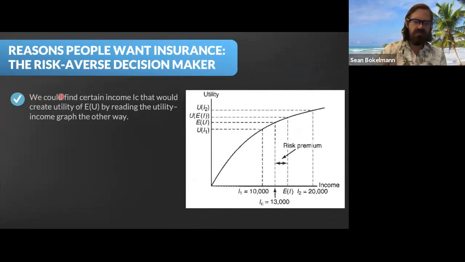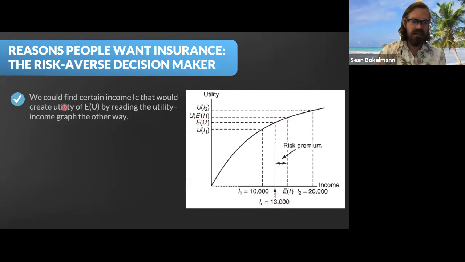So what I did just a second ago is we found the level of income that would create this level of expected utility. And it would have to be certain income, not risky income, right? Because this expected income, $16,000, that's risky, right? Which is basically why this person has a lower expected utility than the utility of expected income, right?